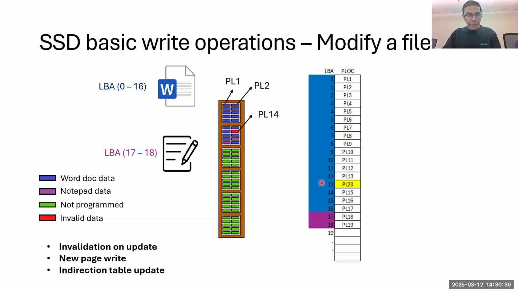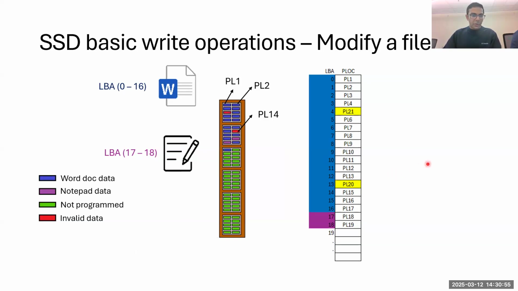And the valid data for LBA 13 is now located in PL20. For a quick recap, the process for a rewrite is: the data that was previously written is invalidated on an update to the indirection table, and a new page is written. Then we update the table and make sure the updated data is located on the appropriate physical location.